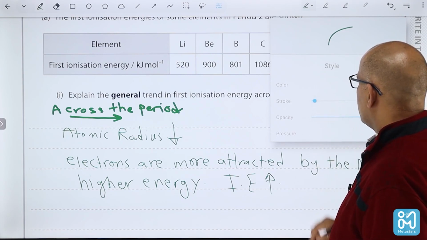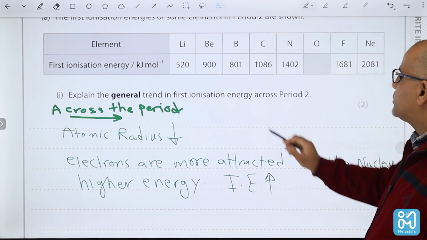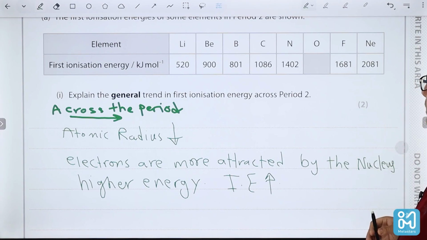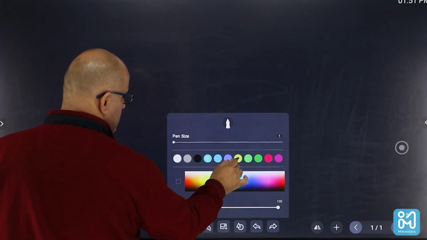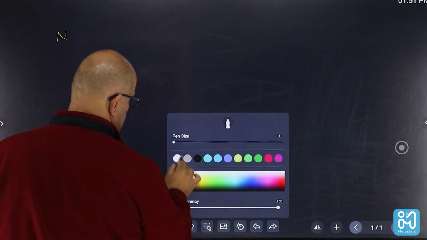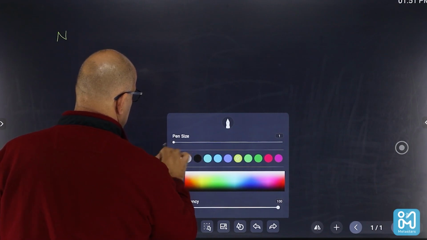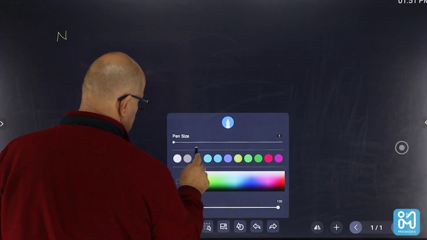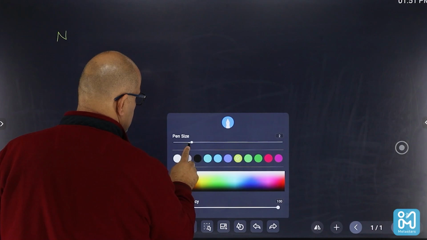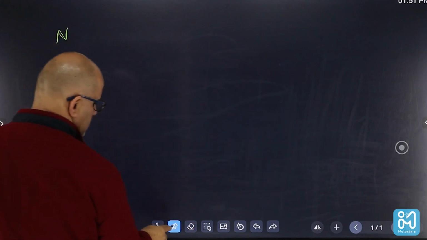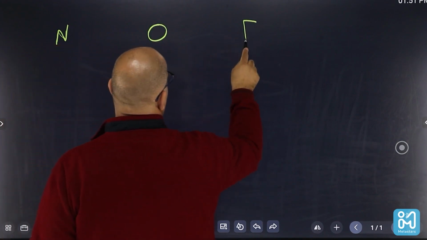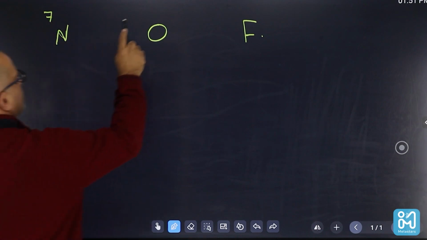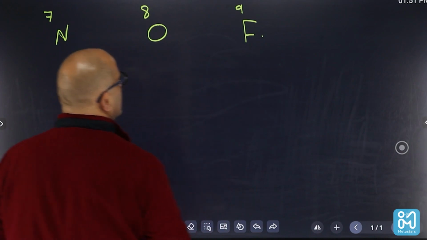The atomic number is 7 for nitrogen, 8 for oxygen, and 9 for fluorine.